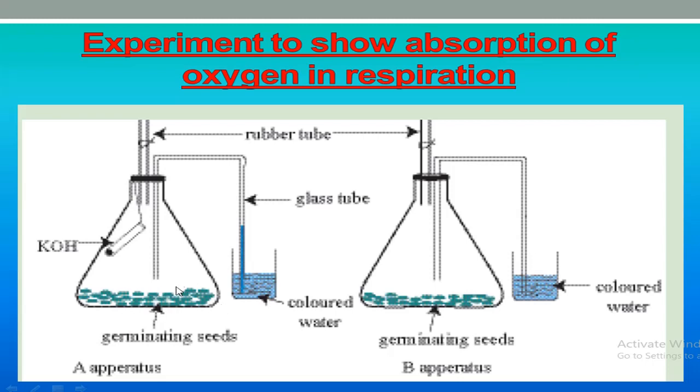Both vessels undergo respiration because germinating seeds are in both. During respiration, carbon dioxide is removed and oxygen is absorbed, but the removed carbon dioxide is absorbed by the potassium hydroxide.